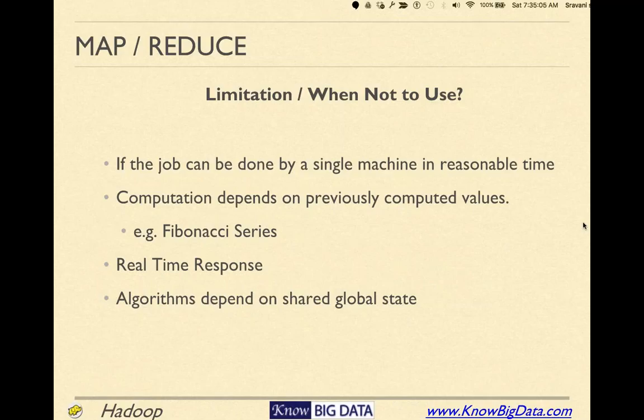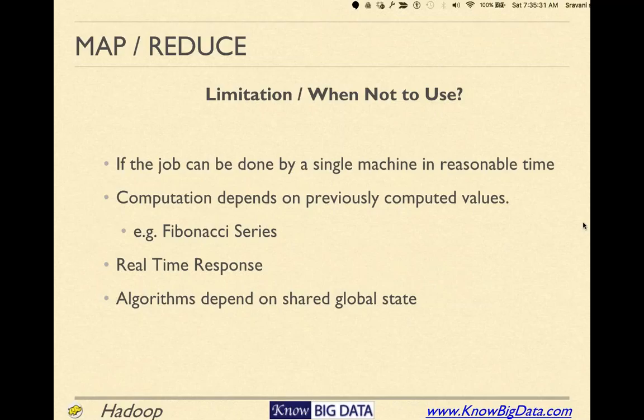Third is real-time response. In situations where you are expecting real-time results, as in a latency of 0.5 seconds, you cannot use MapReduce, because MapReduce has been designed to be very fault tolerant.